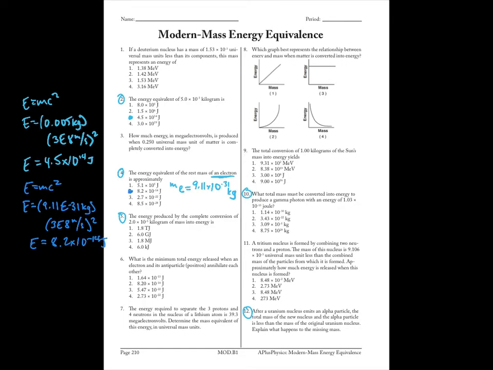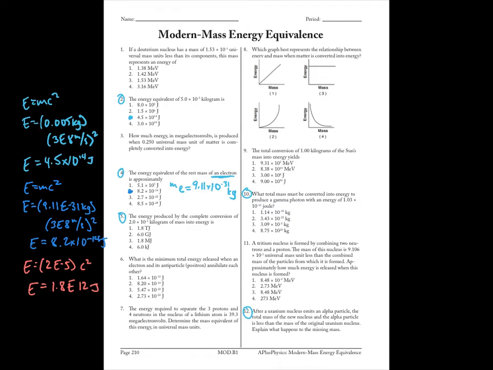Number 5, the energy produced by the complete conversion of that many kilograms of mass into energy is what? Again, this is E equals mc squared. 1.8 times 10 to the 12th power joules.